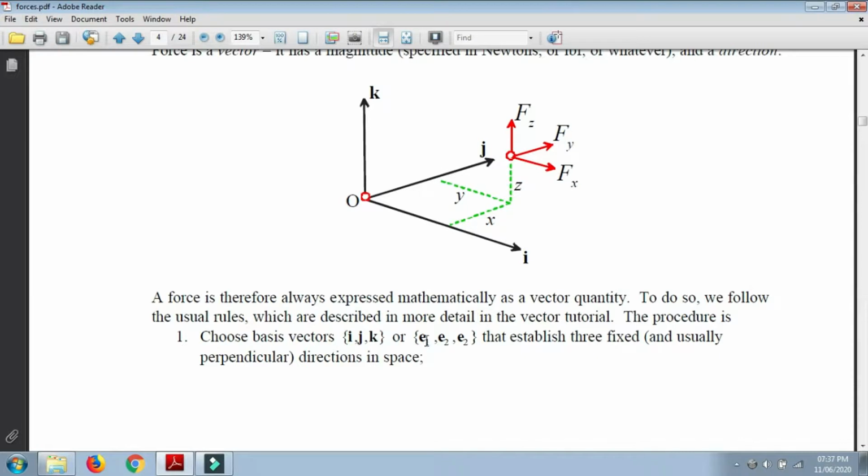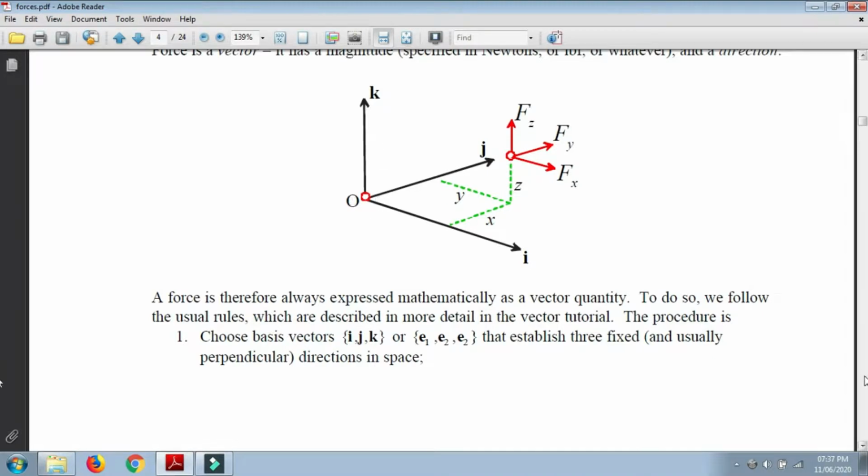They will still be called the unit vectors or basis vectors, which establish three fixed and usually perpendicular directions in space. So what are the three fixed? Origin, i, j and k, and this is all what is basically occurring in space. Why space? Because three dimensions are always in space.